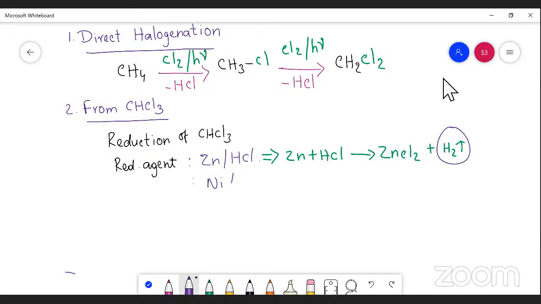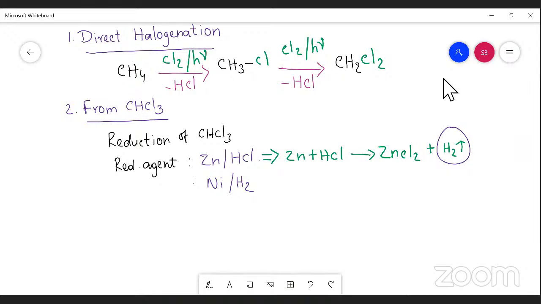In nickel, hydrogen is present in the voids, and that hydrogen is used for the reduction process. So chloroform on reduction by zinc, HCl or nickel and hydrogen gives methylene chloride.